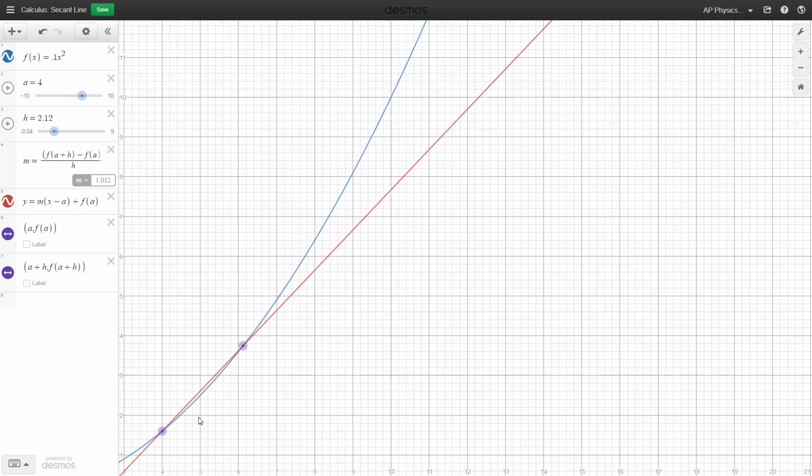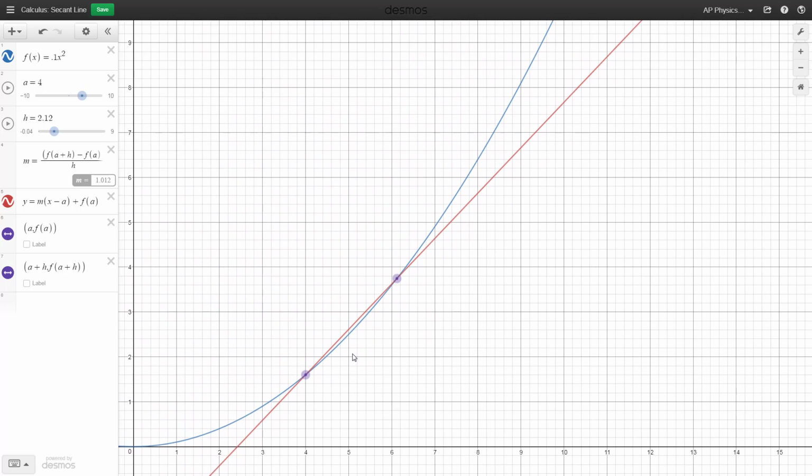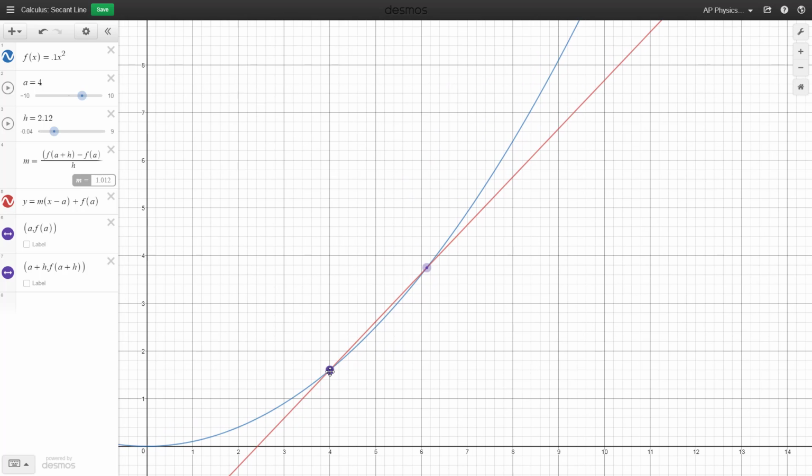Let me zoom in there and keep the window looking normal. So I'm looking here at the average velocity between 4 and 6 seconds. This is right in the region of that 5-second mark, but I'm still getting this secant line. So it's the average velocity between 2 points in time right around 5 seconds. My goal is the instantaneous velocity at 5 seconds.